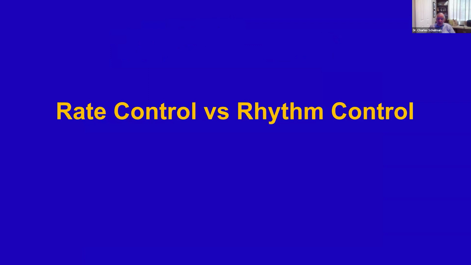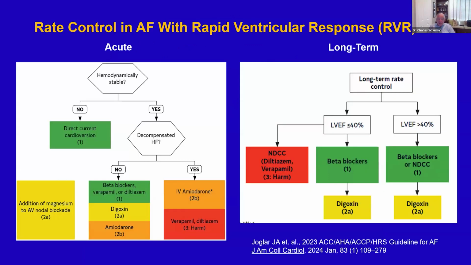Turning to rate control and rhythm control. You have to address rate control in AFib with a rapid ventricular response acutely. Okay, if the patient is not hemodynamically stable, cardioversion. If the patient is hemodynamically stable but does not have heart failure, beta blockers, verapamil or diltiazem have a class 1 indication.